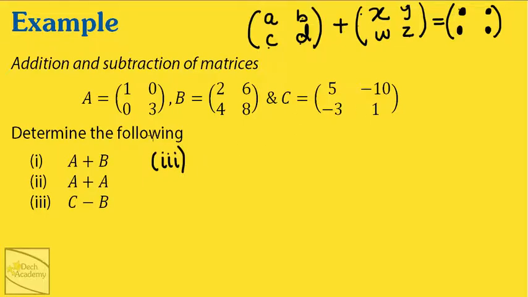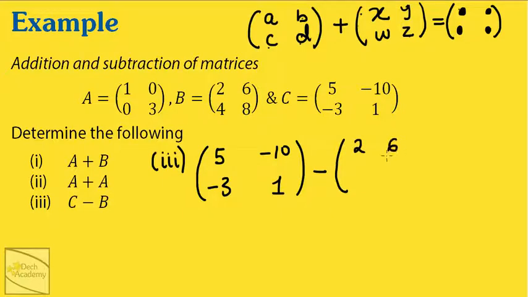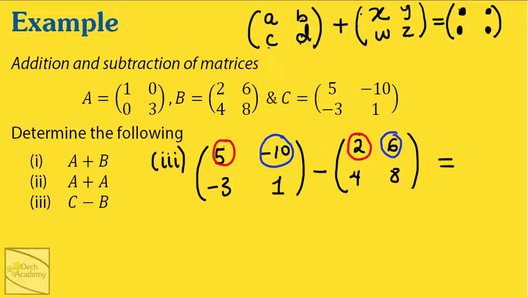For case 3, we're actually going to carry out the subtraction operation. So matrix C minus B. I'm going to circle elements whose positions correspond: top left corner elements circled in red, top right corner elements circled in blue, bottom left corner elements circled in green.